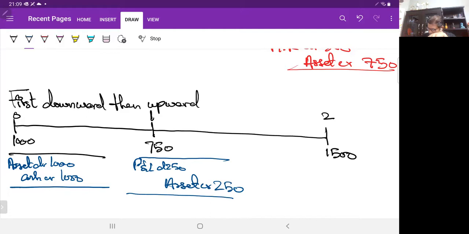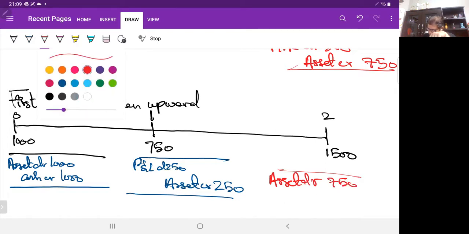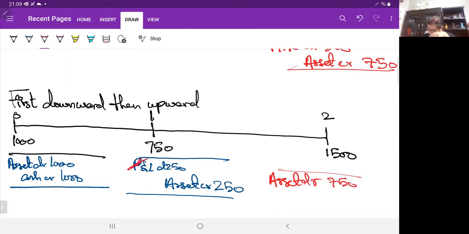Now this last scenario, asset goes up by 750. So asset debit 750.